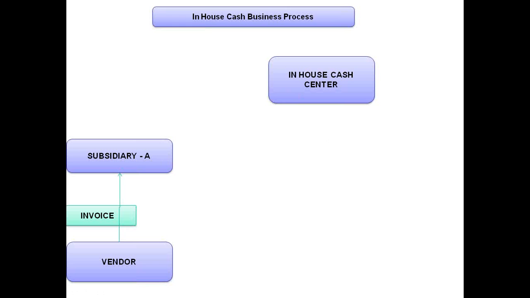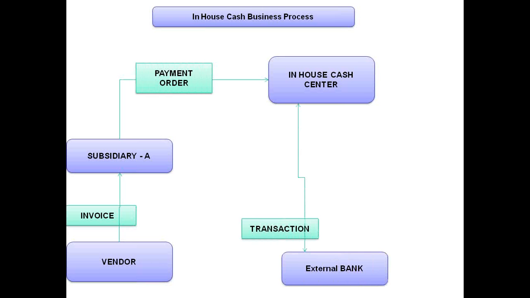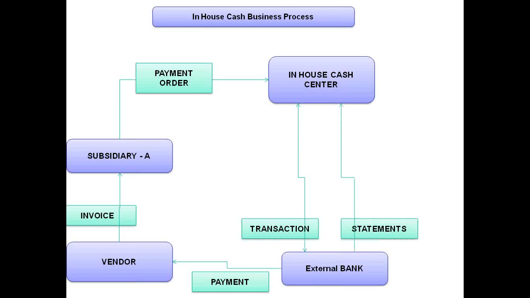So instead of paying directly from the paying bank, a payment order will be sent to the in-house cash center. In the in-house cash center, transactions happen, whether it is an incoming payment or an outgoing payment. Incoming payments I'll cover in the next scenario discussion. Transactions happen between in-house cash and the subsidiary, and payment is done to the vendor. What is the additional advantage?